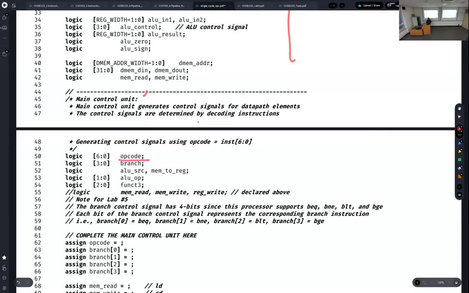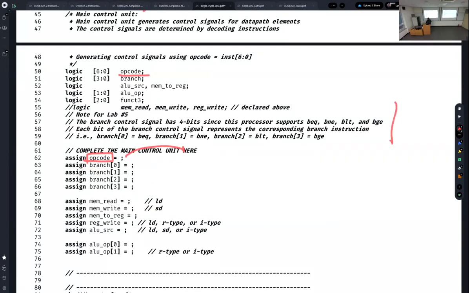And what is opcode? The opcode is just some part of the instruction, the instruction bits 6 down to 0, right? So you can just define the opcode using the instruction. Just read these comments.